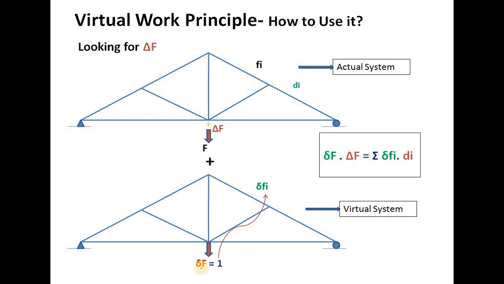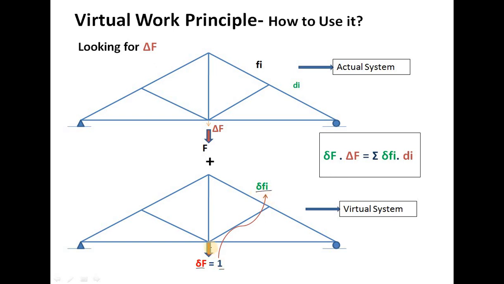Now the additional imaginary force, I will assume it as unity, that is 1. I can apply 1 kilonewton or 1 newton or whatever it might be. Because of the application of this unit load, I will try to find the forces in each and every member of the truss. They are nothing but delta Fi.